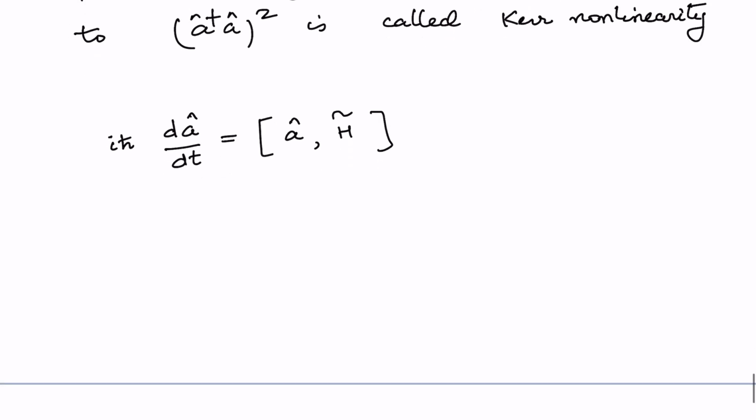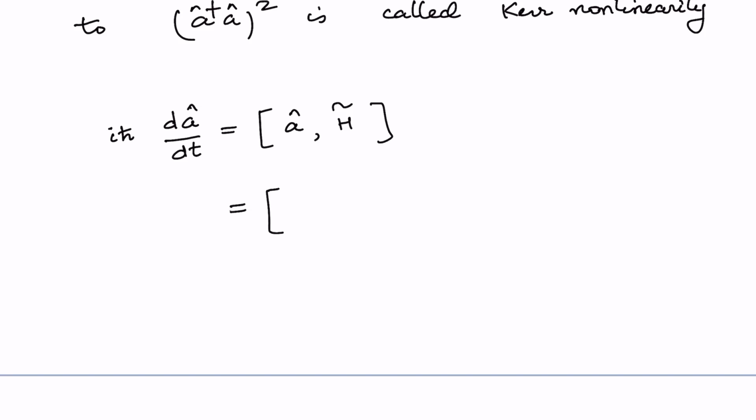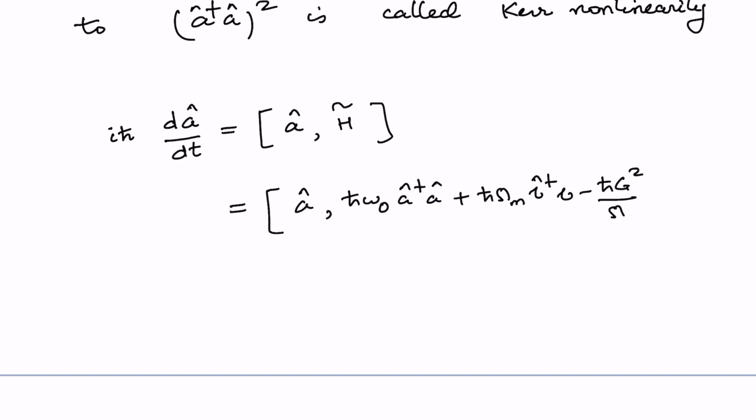Here I have H tilde is equal to H per omega 0 A dagger A plus H per omega M B dagger B minus H per Z square by capital omega M A dagger A whole square.